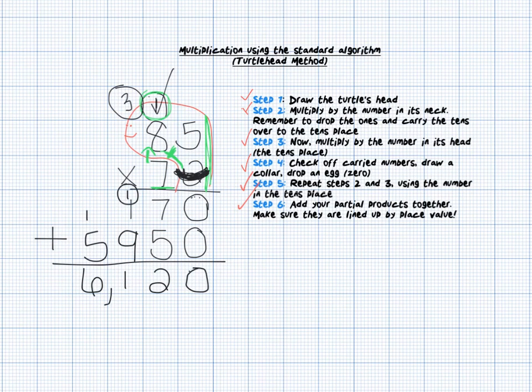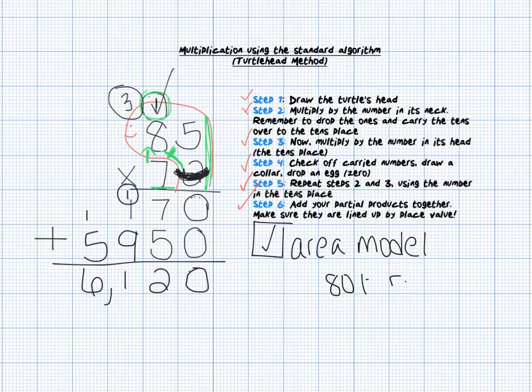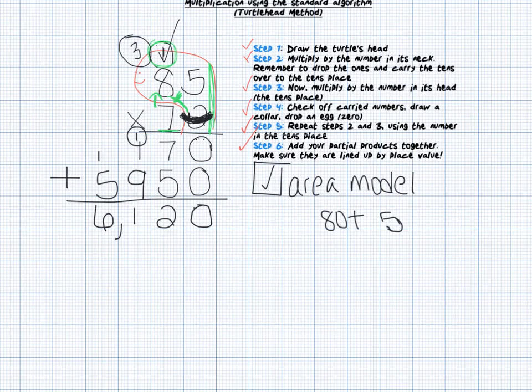So in this case, I'm going to check my work using the area model. In this case, I have 85 times 72, so I'm going to break up 80 plus 5, which is 85. And 70 plus 2, which is 72.